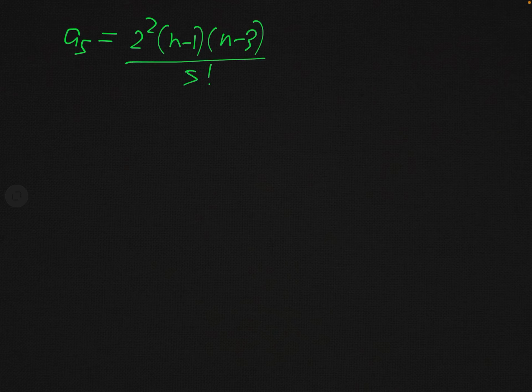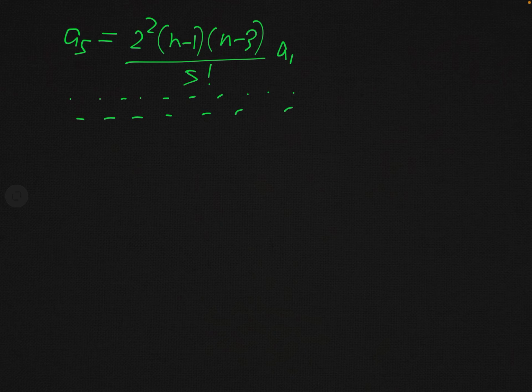And you may check that this a5 will be equal to 2 square times n minus 1 times n minus 3 over 5 factorial times a1. You may check it. I have not simplified this result, but you may check it yourself. So in this way, you can obtain all the coefficients substituting the different values of k.